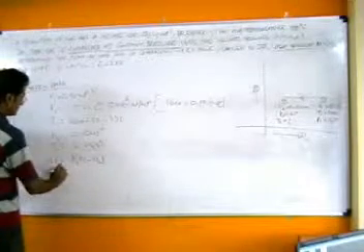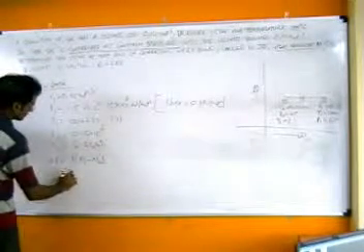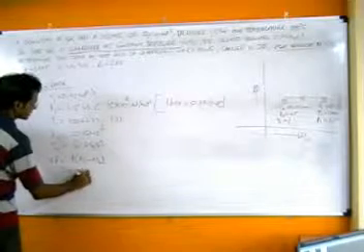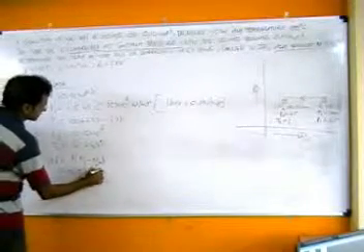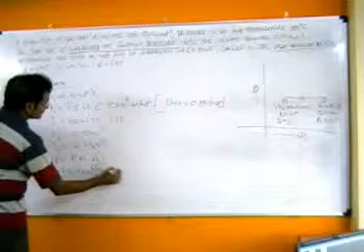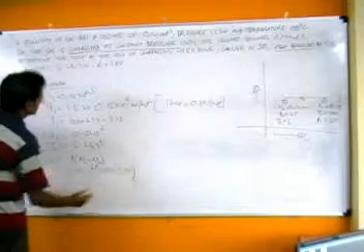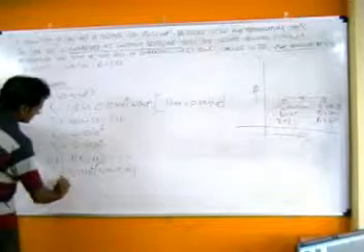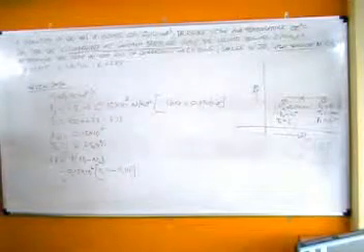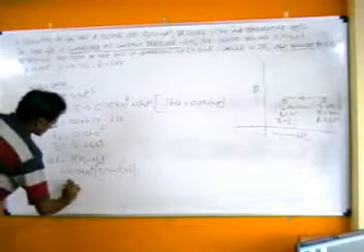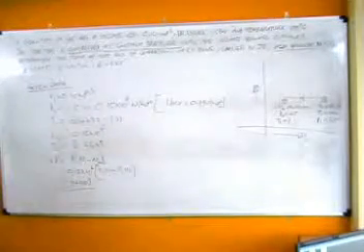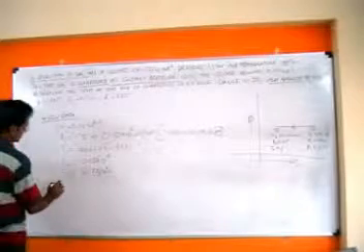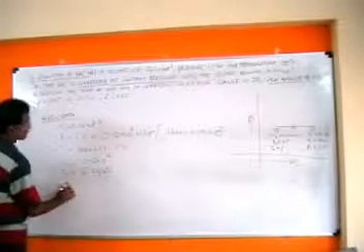So the value of P is 0.15 into 10 to the power of 6, and V1 is 0.14 minus V2 is 0.112. Simplifying this, you get the value of work done as 4,200 joules.